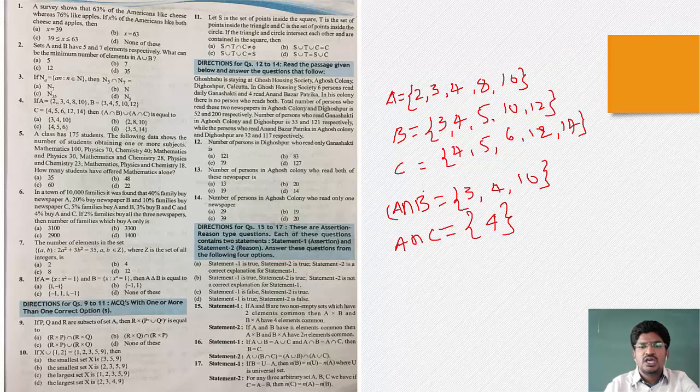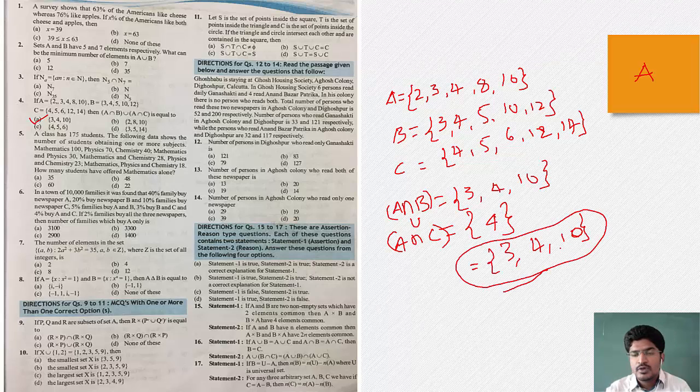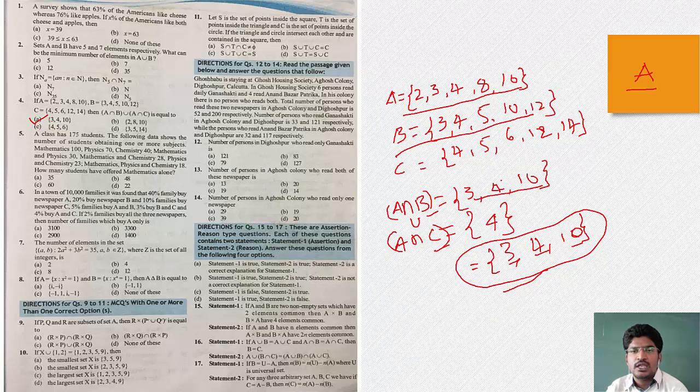If you make the union of these two, okay students, you are going to have 3, 4 and 10. Very simple question. So, option A will be the correct answer for question number 4. You can see that from A and B you have the common elements 3, 4, 10.